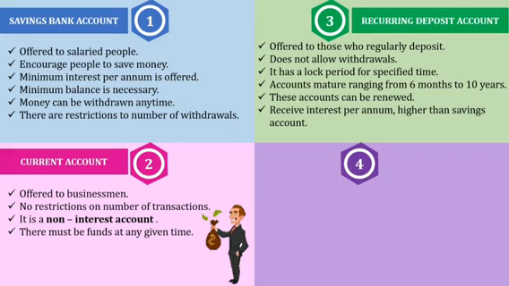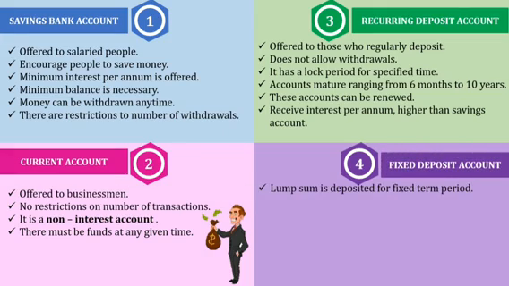Lastly, we shall learn about the fixed deposit account. A lump sum is deposited into this account for a fixed term period. After the maturity of the fixed period, the money becomes available to the account holder. The period of the fixed deposits range from 7 days to 10 years.